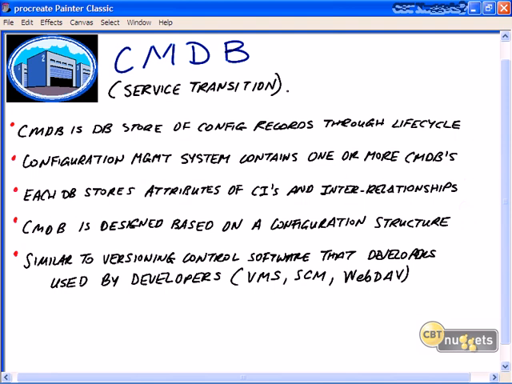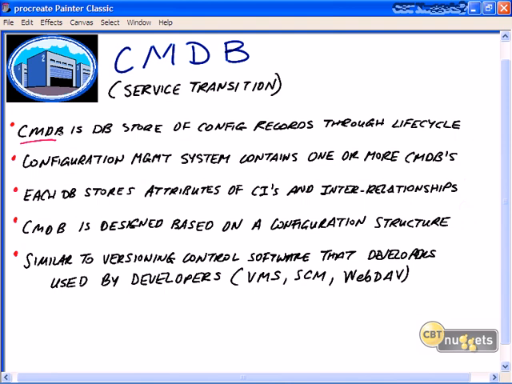And one of the main components, as we've seen, of configuration management is the CMDB, the Configuration Management Database. And this database is more than just files or data stored on a hard drive, okay? It's a database store, and it's a system of configuration records that are maintained for configuration, for change and release through the life cycle of the CI.